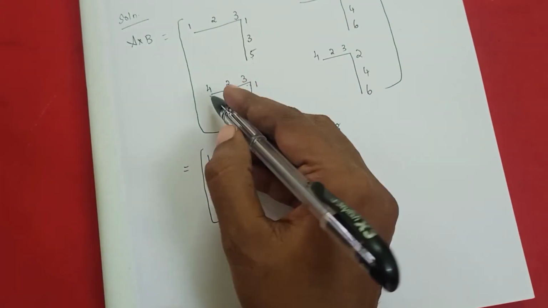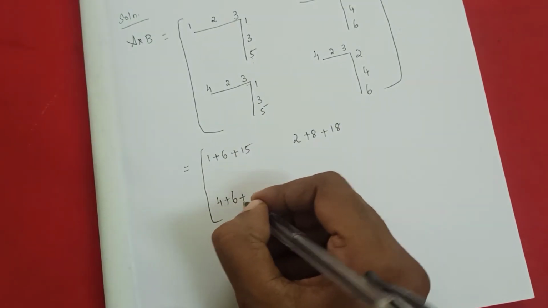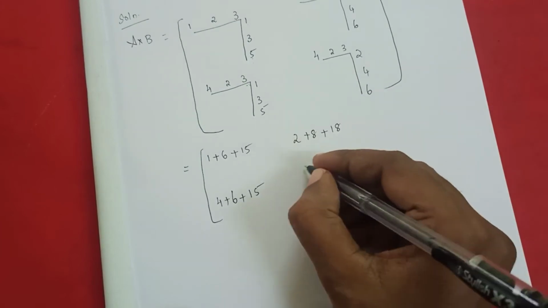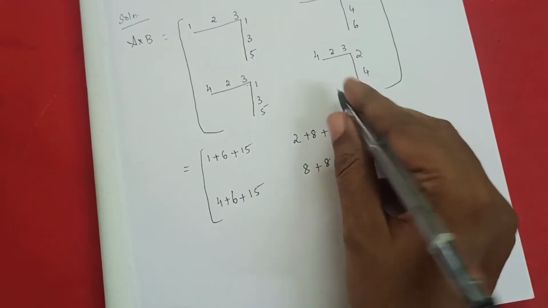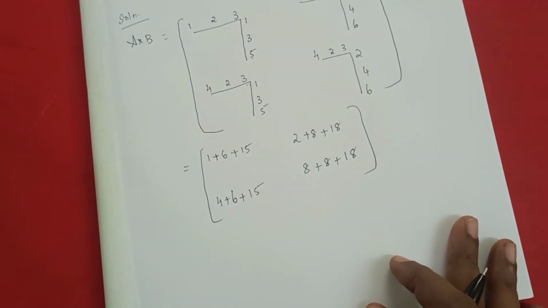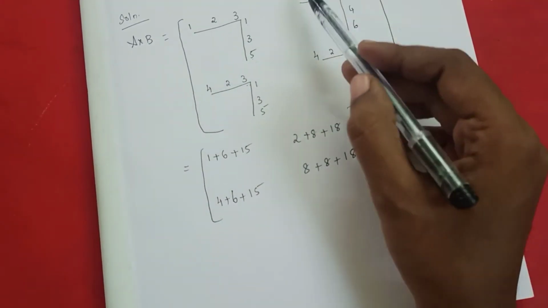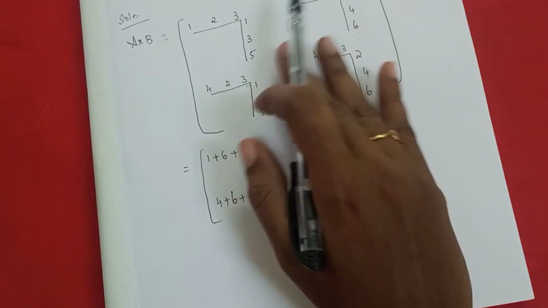Then next, 4 into 1 is 4, 2 into 3 is 6, 3 into 5 is 15. Same here: 4 into 2 is 8, 2 into 4 is 8, 3 into 6 is 18. Understand? 1 into 1, 2 into 3, 3 into 5; same way, 1 into 2, 2 into 4, 3 into 6. This one is not necessary.